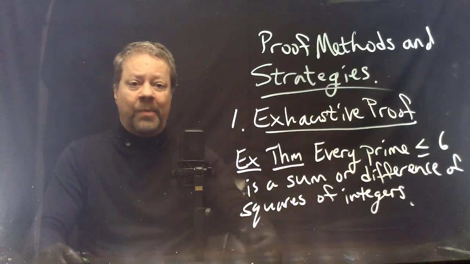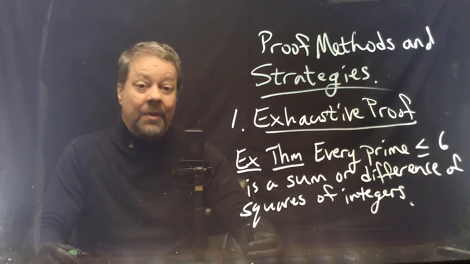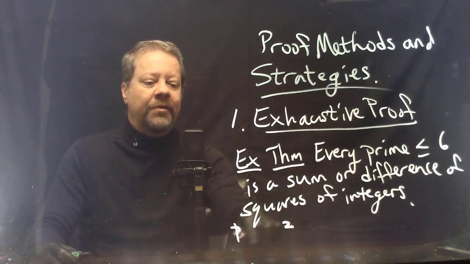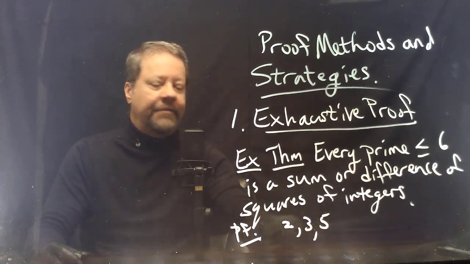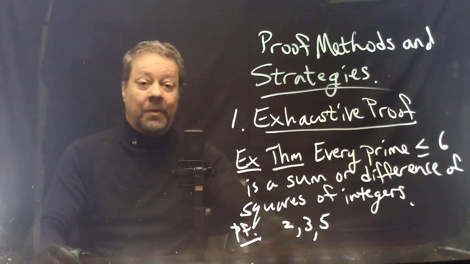Well, there aren't very many primes less than or equal to 6. So all we have to check is, in our proof, we have to check 2, 3, and 5. So there are only 3 things to check.